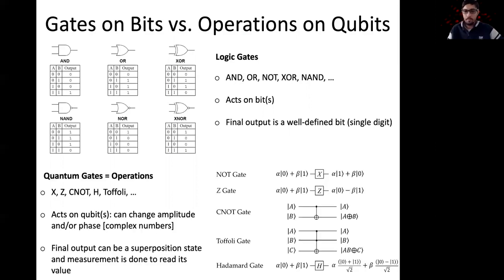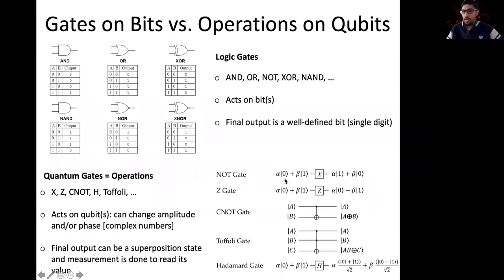However, in quantum computing, as I showed you in the previous slide, the qubits are in a superposition state. They are not always 0 or 1. They could be combinations of 0s and 1s. So quantum gates are basically operations on those quantum states. They take a quantum state, which can be a combination of 0 and 1, and change those weights.